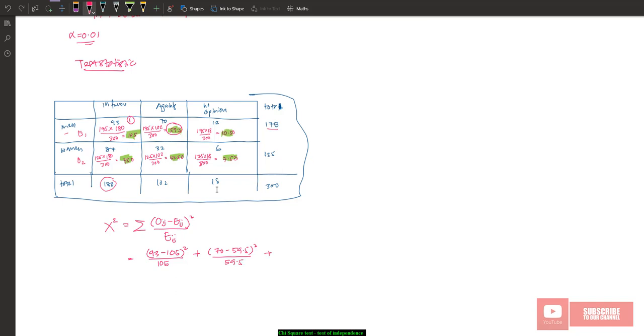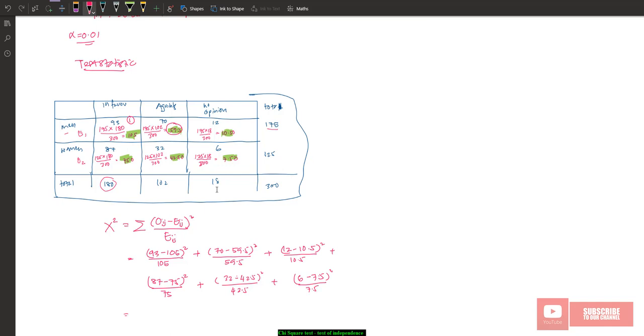The last column for the first row is 12 minus 10.5 squared divided by 10.5, plus for the second row 87 minus 75 squared divided by 75, plus 32 minus 42.5 squared divided by 42.5, and the last one is 6 minus 7.5 squared divided by 7.5.